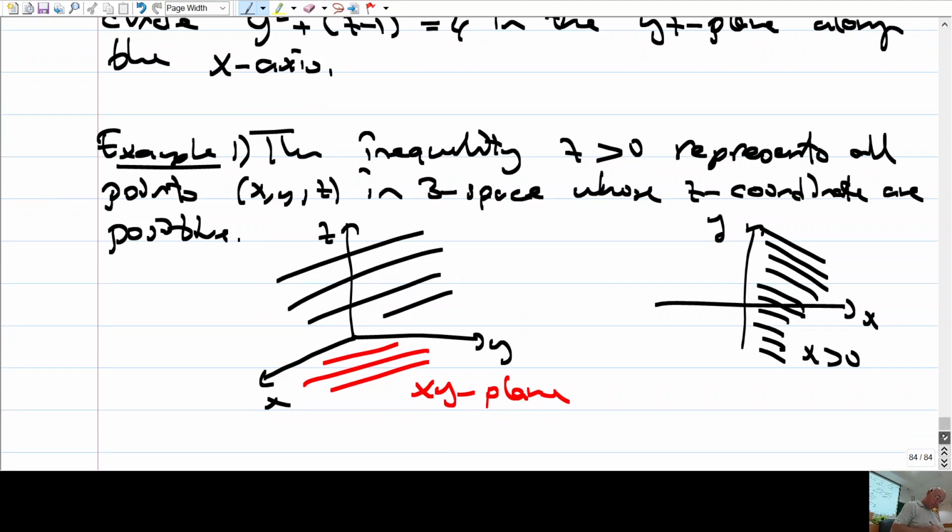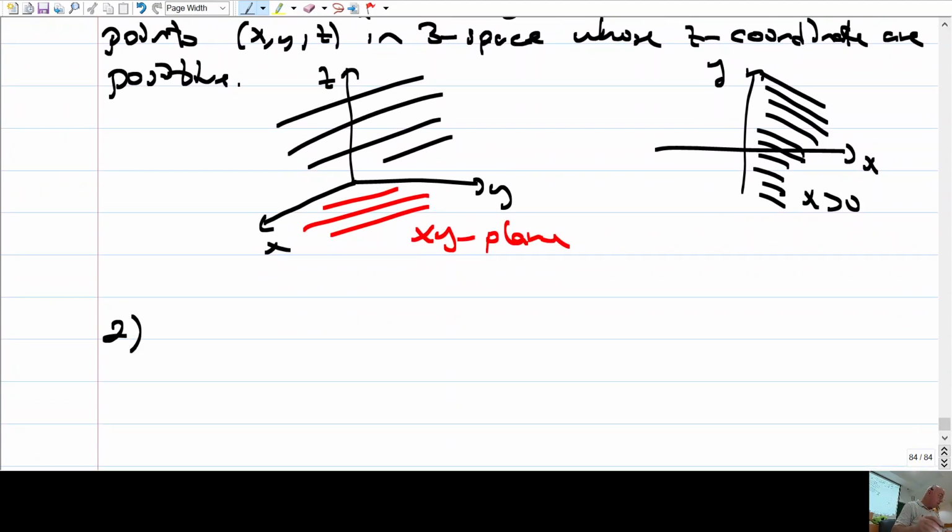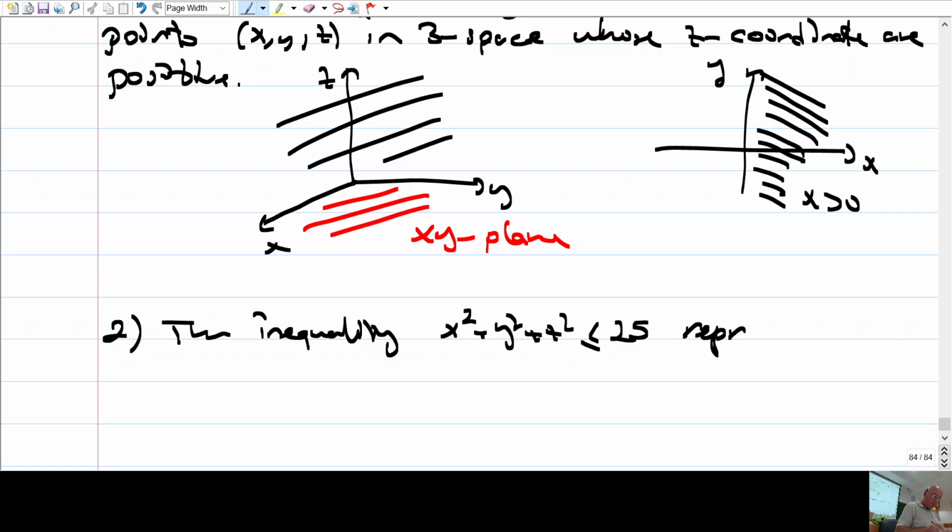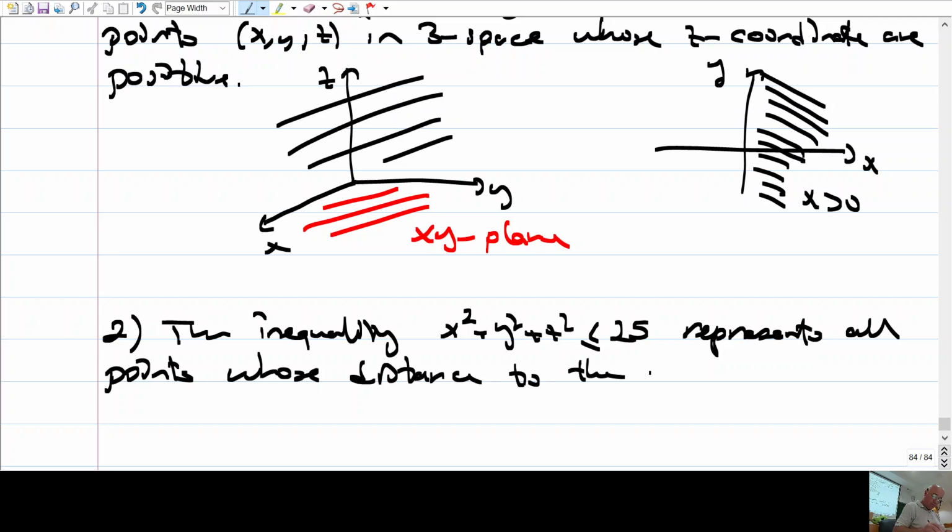Another one, the inequality x squared plus y squared plus z squared is less than 25 represents all the points whose distance to the origin is less than or equal to 5, the square root of this.